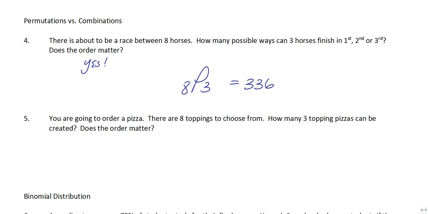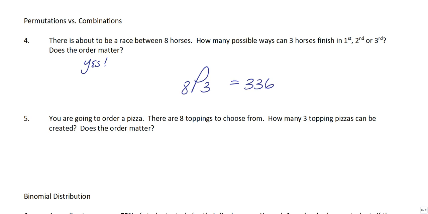And in the next example, which I made with the same numbers, but it's slightly different because we're going to just choose 3 out of 8 possible toppings to create a pizza. So does it matter if you put the sausage on before the pepperoni, or does the pepperoni have to go first? It doesn't matter.